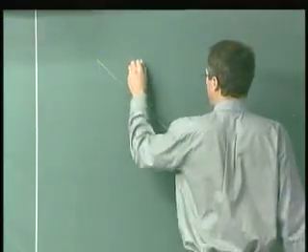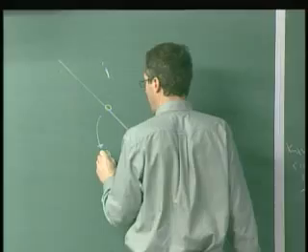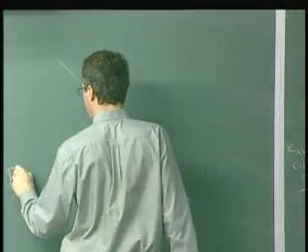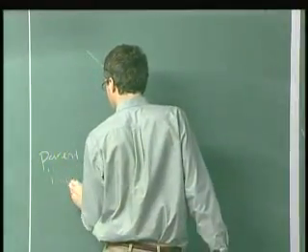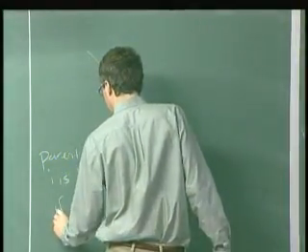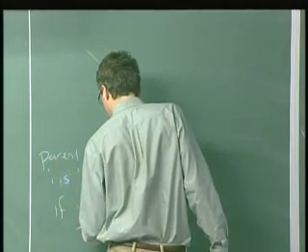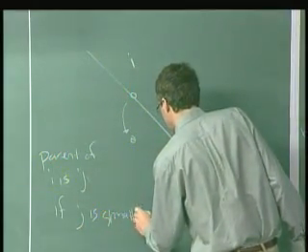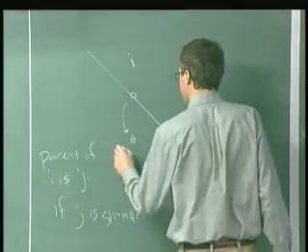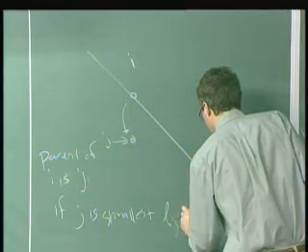The parent of a node is defined as follows. If we have a column I, whoops, I should use the same notation: if we have a parent I, if we go to the first off-diagonal, the parent of I is J, if J is the smallest row index such that LJI is non-zero.